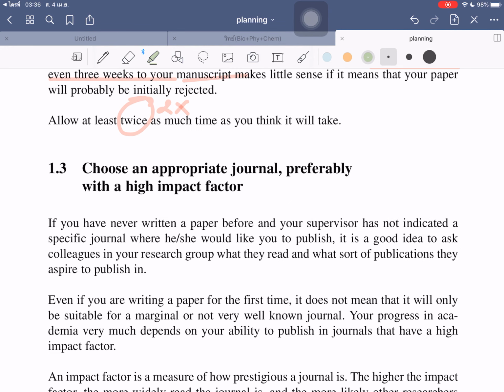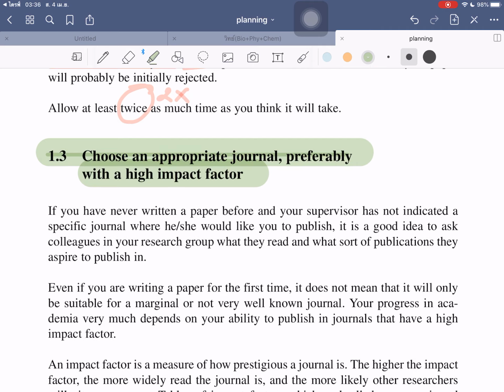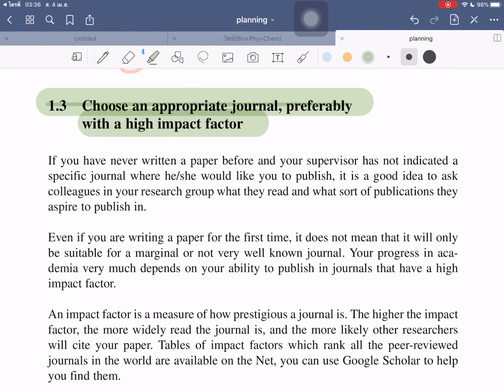And number 3, the journal. When you're thinking about writing your research, you have got to think about the journal, the place where you're going to submit the paper. You can ask your supervisor for a specific journal, or consult your colleagues.